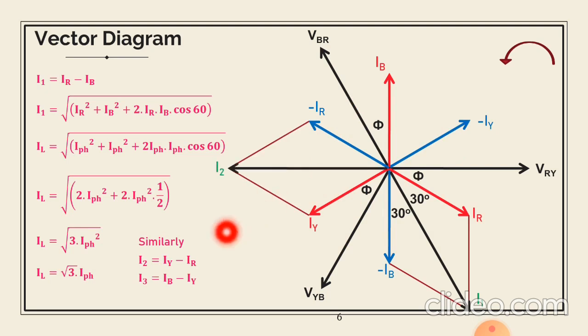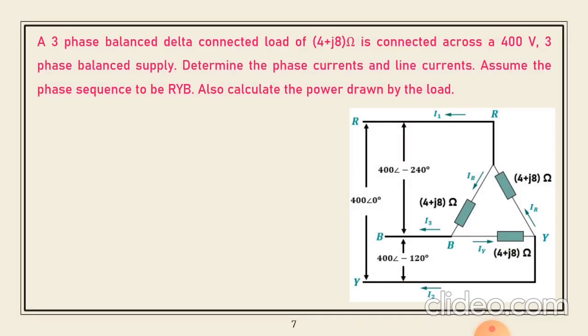Similarly, for IB and minus IY, if I draw a parallelogram, I will get I3. So this is how you can draw the vector diagram to know the relationship between the line currents and phase currents. Keeping these basics, let us try to solve one problem.